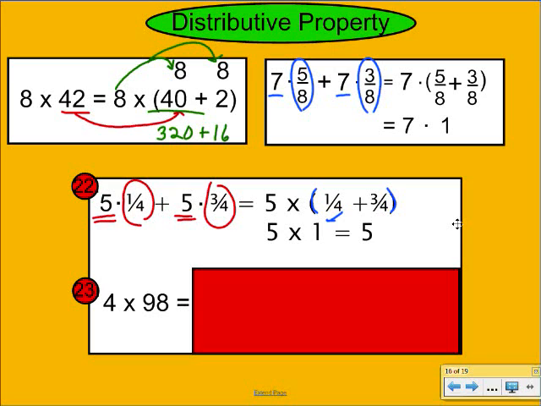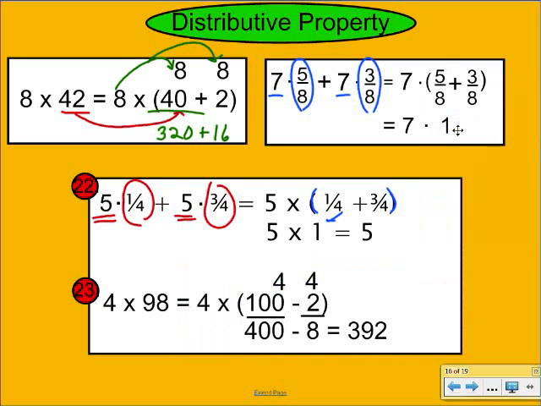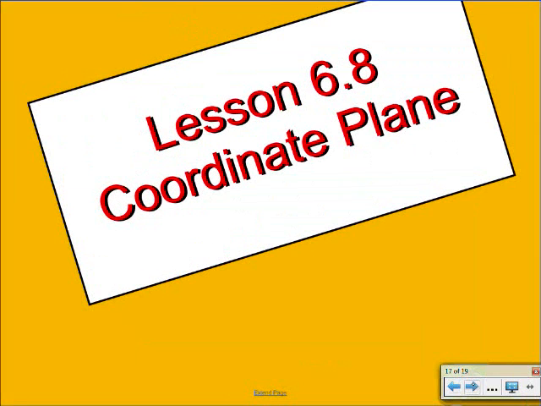In number 23, I'm taking 4 times 98, and 4 times 98 is hard to do mentally, but if I change that problem into making 98 100 minus 2, I can then distribute the 4 over the 100 and get 4 times 100, which is 400, and 4 times 2, which is 8, and if I subtract those, since I was subtracting here, I get 392. So the distributive property made those easier.